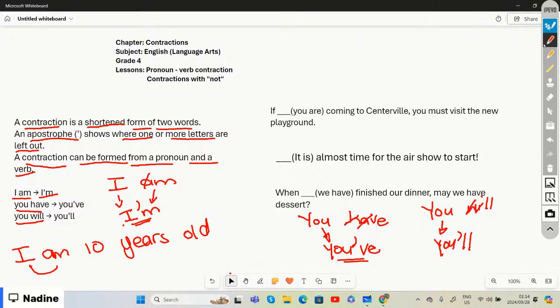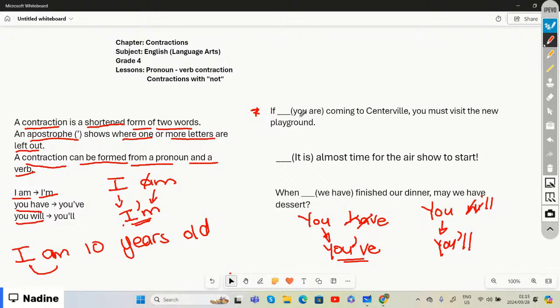So now we're going to look at a few sentences, right? Where we are going to form the contraction. It says, if you are, it's this one, the first one. If you are coming to Centerville, you must visit the new playground.